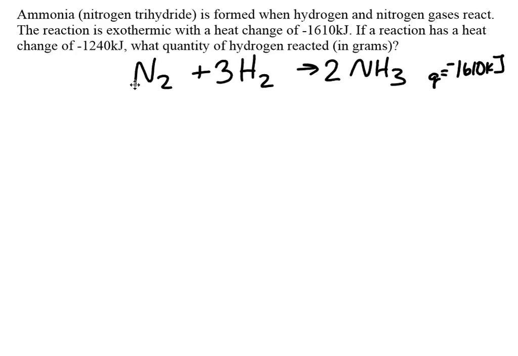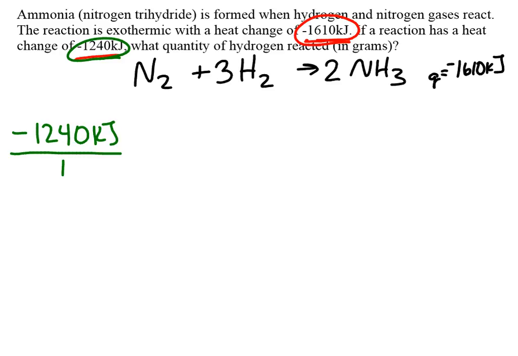It is not a given value. I know that gets kind of confusing, especially on a question like this, because I have two values that both look like energy. But this is your literature value, and this is your given value. So let's work with it. Negative 1,240 kilojoules over 1. I need to get to moles.